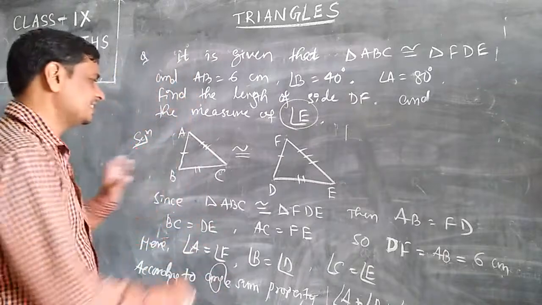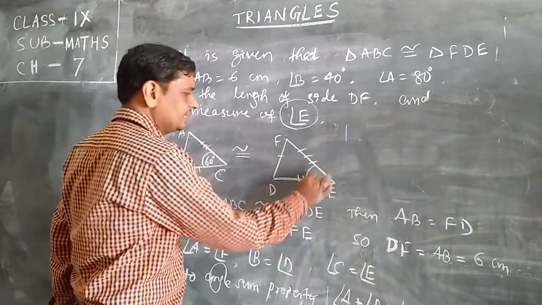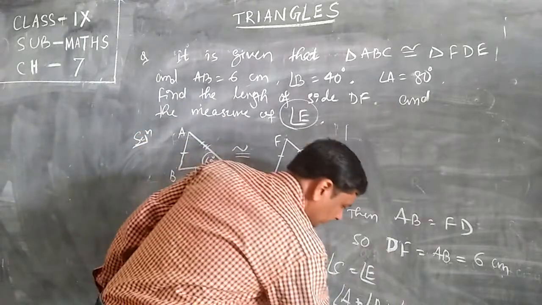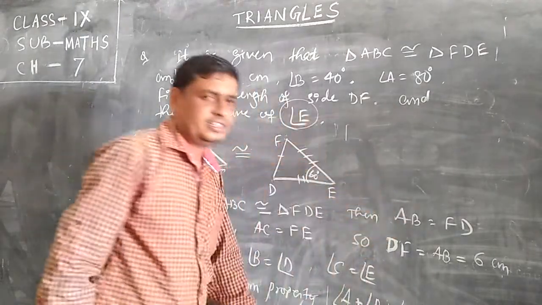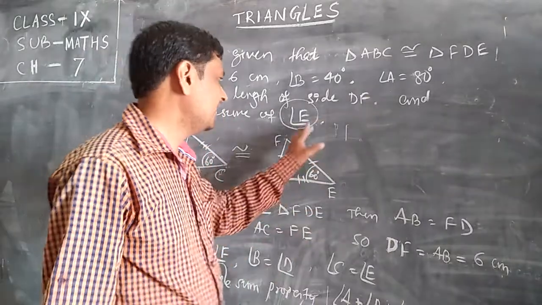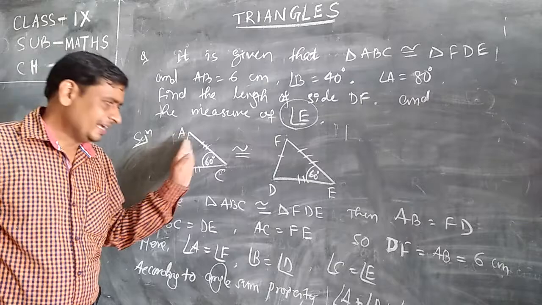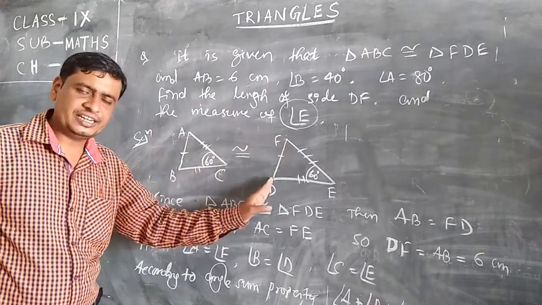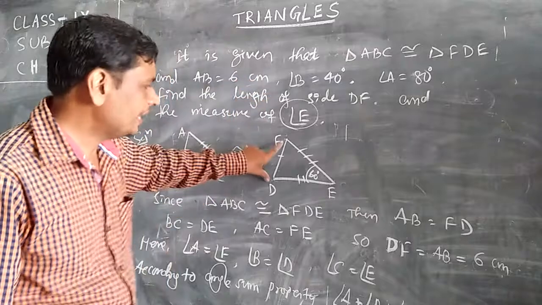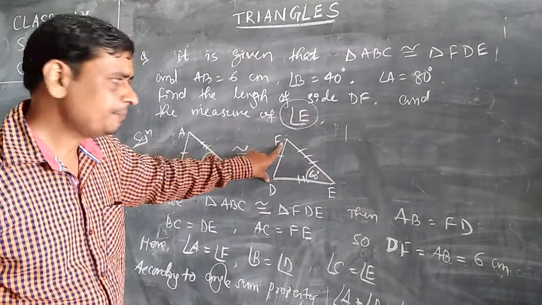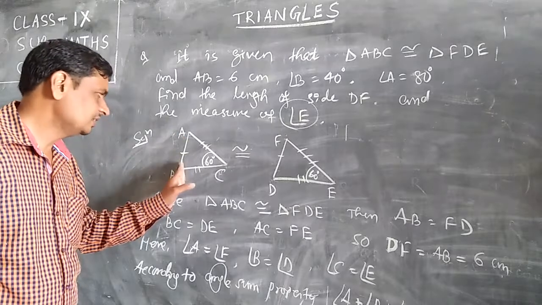Since angle C is equal to 60 degrees, angle E is also equal to 60 degrees. Therefore, angle E is 60 degrees. AB and FD are equal. The length AB is given as 6 cm, so FD is also 6 cm. Angle A and angle B are given as 80 and 40.